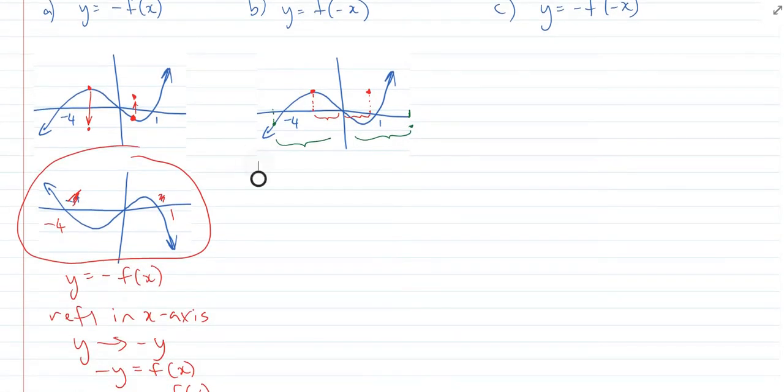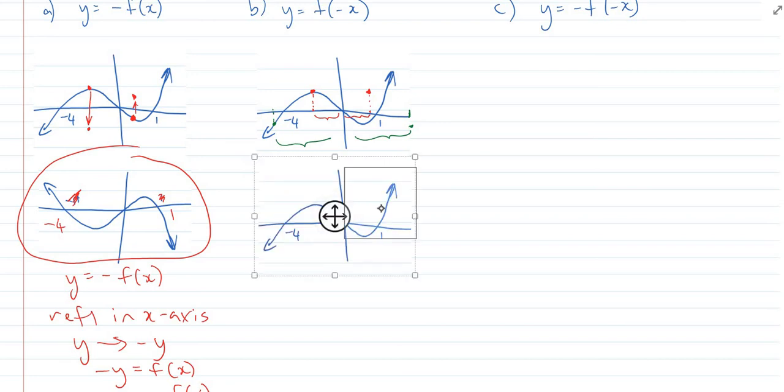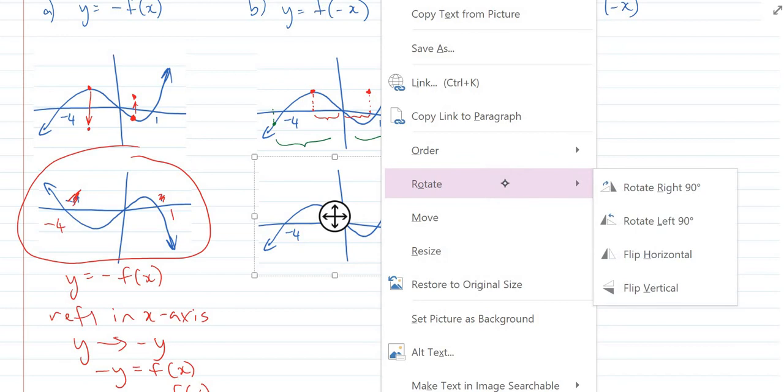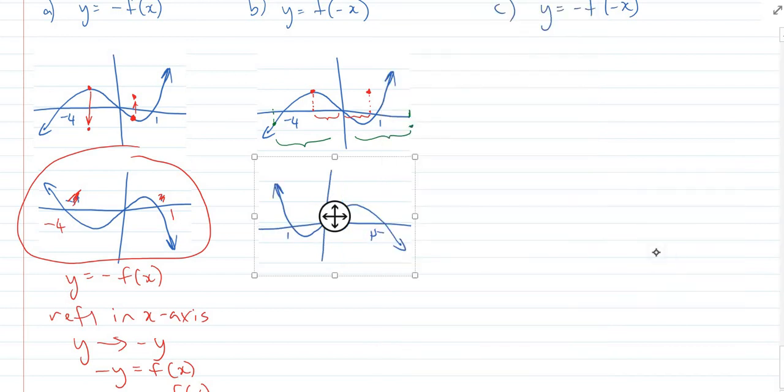So if we cut it here, and then I rotate it so that I flip it horizontally, or reflect it in the y-axis, here's our new graph. But now this says negative, this says 1, so that's really -1. This is -4, but it's 4.